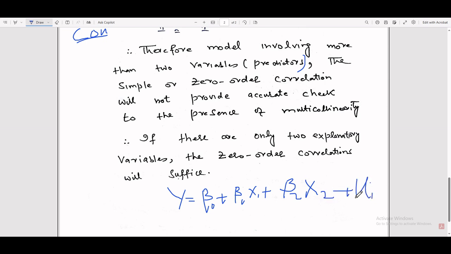So in this model, when you have two variables, zero order correlation or simple correlation is sufficient to check multicollinearity. If its value is greater than 0.80, it means there is the presence of multicollinearity. But when you have more than two variables in your regression model, then you cannot check with simple or zero order correlation, because multicollinearity also exists when your correlation coefficients have very low values.